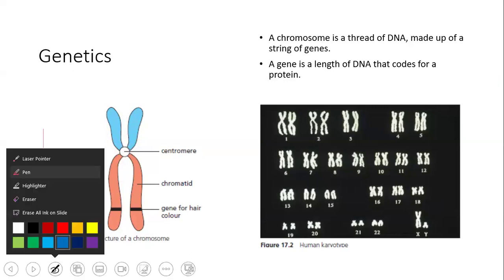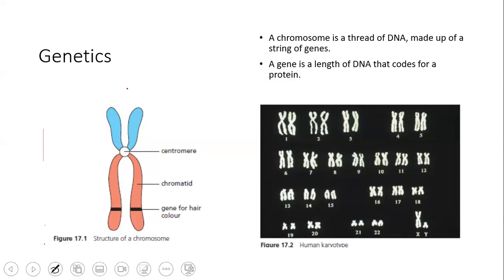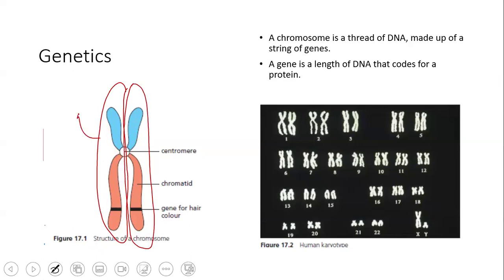This is one part, and this is the other. One half of a chromosome is known as a chromatid. Okay, so this one half of a chromosome is what we call our chromatid.